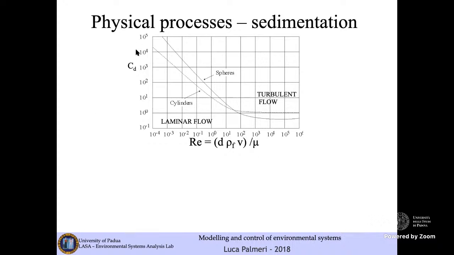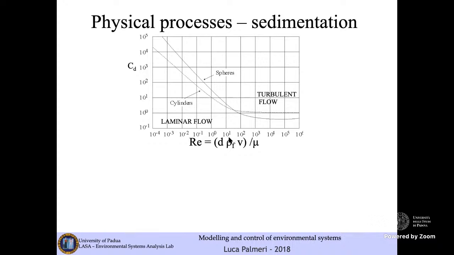So drag coefficient describes the effect of flow on the movement of a particle, and the effect of flow depends on the condition of flow. In condition of laminar flow, we have small Reynolds numbers, while in condition of turbulent flow, we have larger Reynolds numbers, and for different shapes of the particle, spheres or cylinders, we have slightly different relationships.